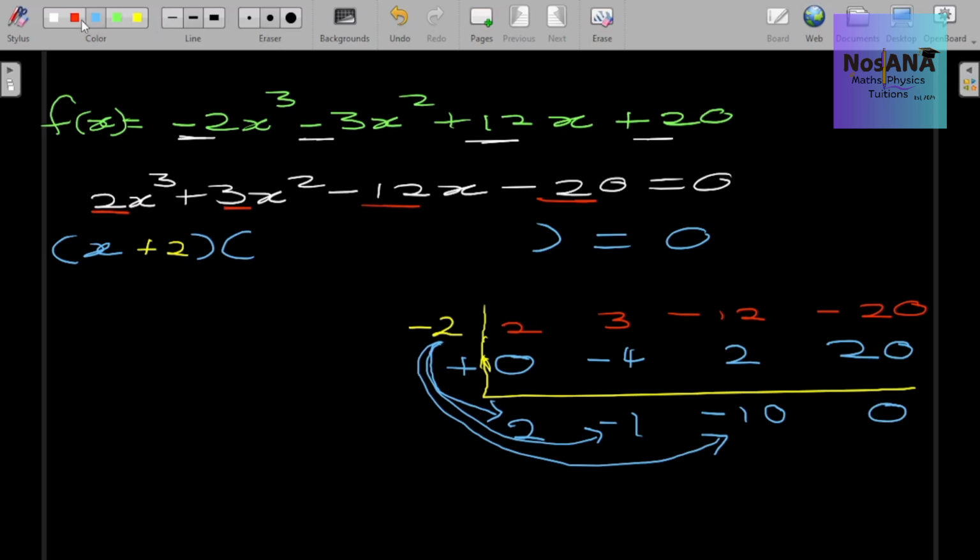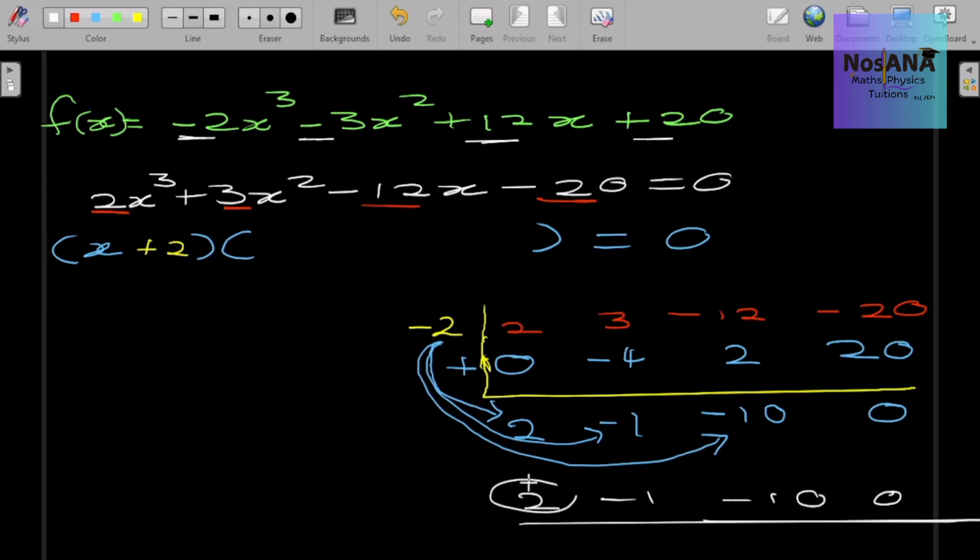So check what you have now here. Let me use white. So now what you have is 2, minus 1, minus 10 and 0. Now you are going to put it in here. This is 2, you're going to put it here.